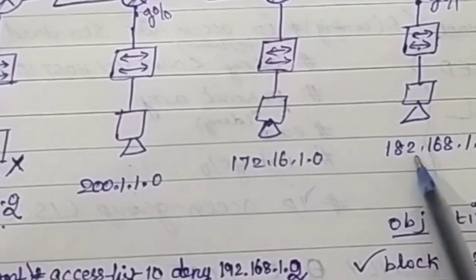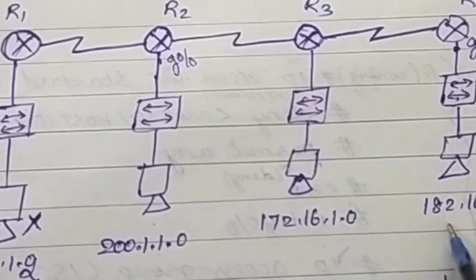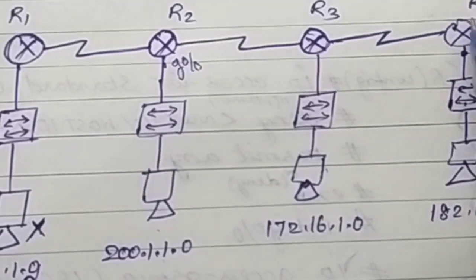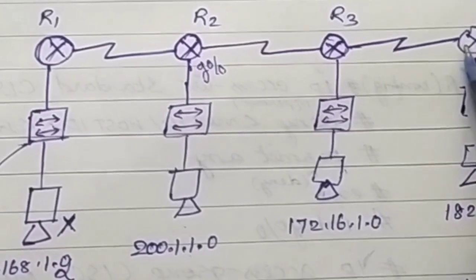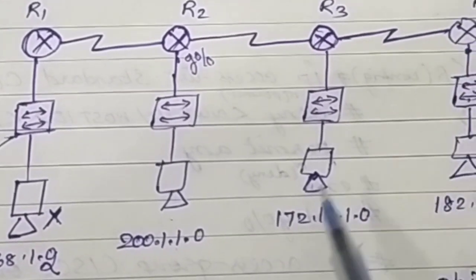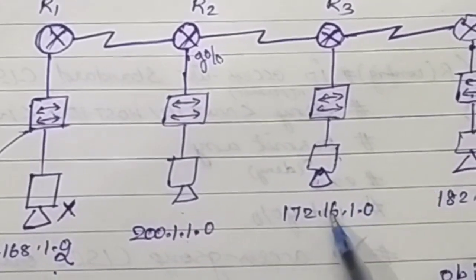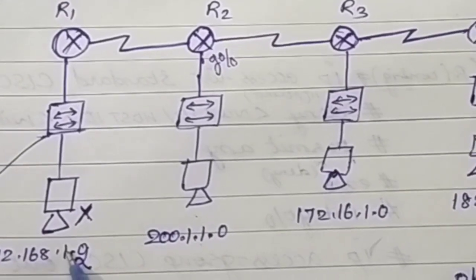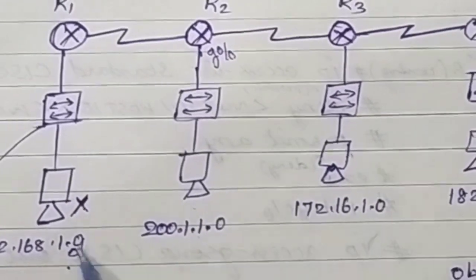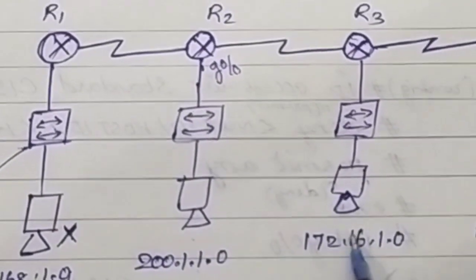So in this case, on which router are you going to configure the standard ACL? On R4 only. But I am going to block this one as well as this network. This particular objective you can perform in 2 ways, I'll explain.